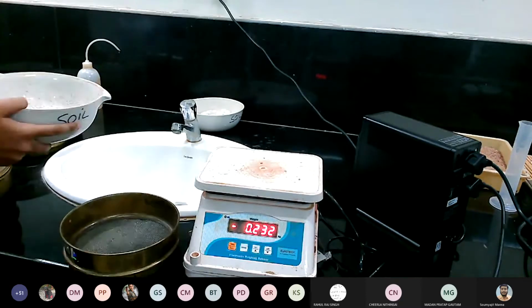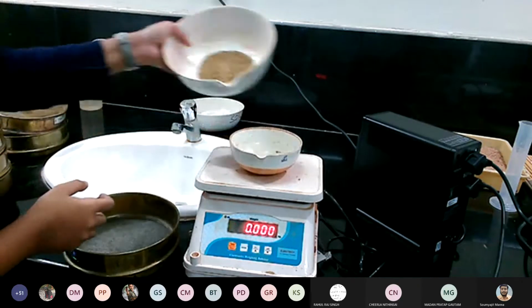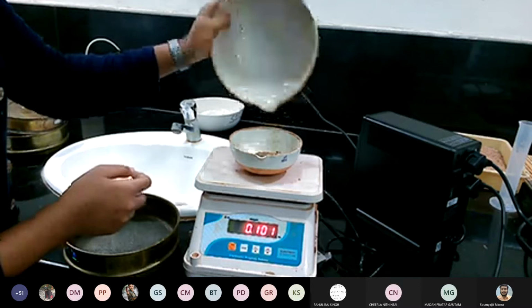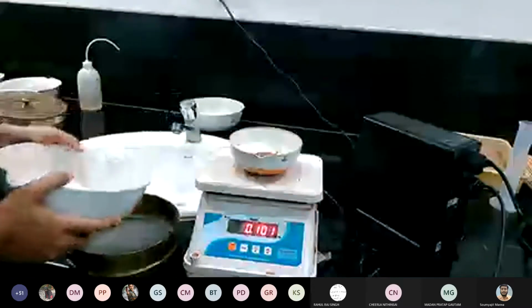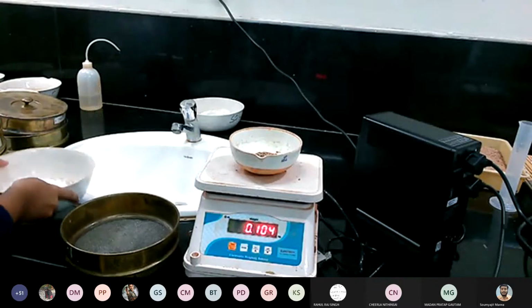The next sieve size considered is 1 millimeter, which is 101 grams. Note down 101 grams against the 1 millimeter sieve retained.